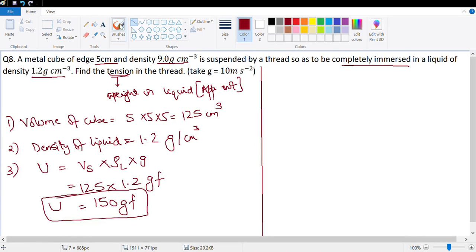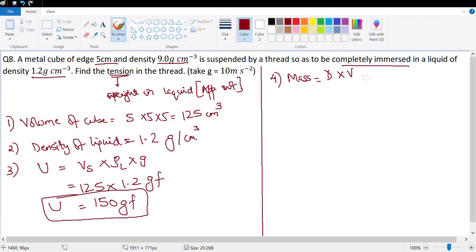We still need to calculate the mass and weight in air. Oh, we haven't calculated it. So point number 4, mass is equal to density into volume. Correct? Density is equal to mass upon volume.